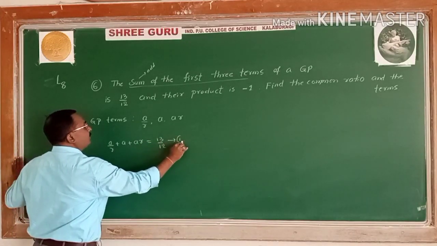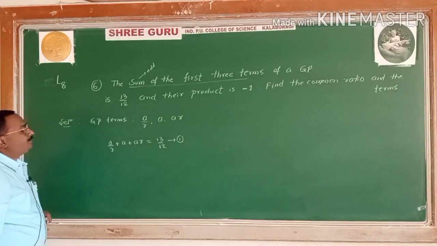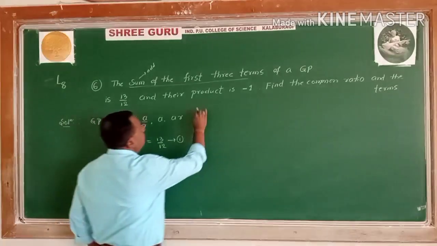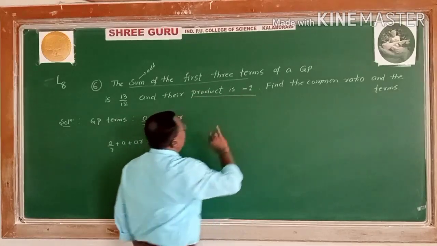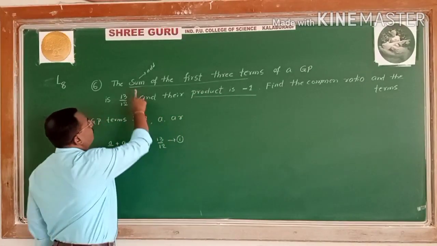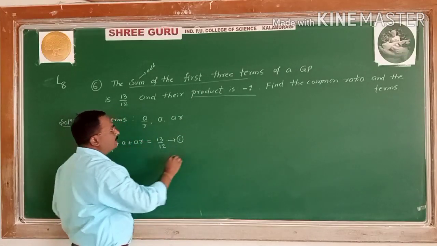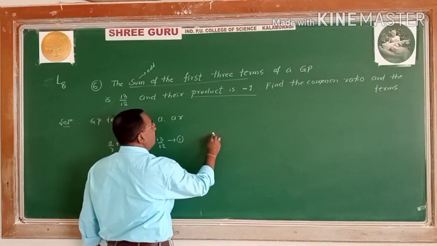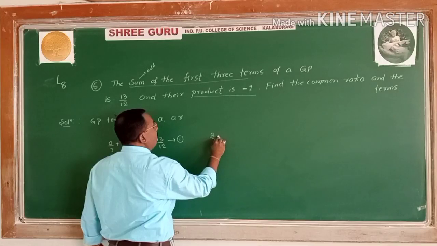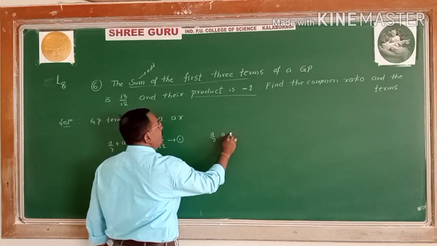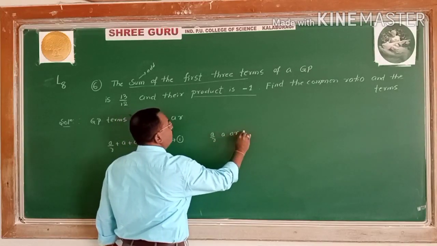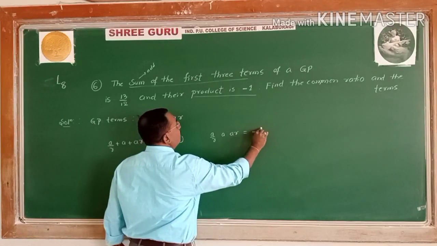Equation number 1. Next, product means multiplication. Sum means add. Product means multiplication. Their product A by R into A into AR is equal to minus 1.